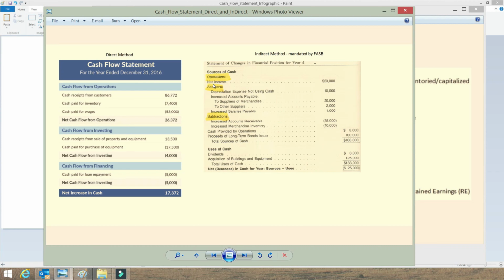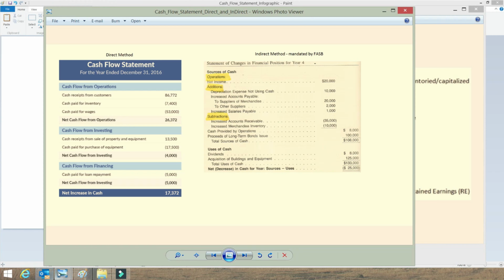It shows the reconciliation of net income with cash, and so it can also be derived more straightforwardly from accounting information, and we'll be getting into that shortly: how this indirect method format is laid out, and how the numbers that go into it are derived. But you can see here it starts off with net income, then takes the accrual accounting out of net income, and ends up with exactly how much change there was in cash flow.